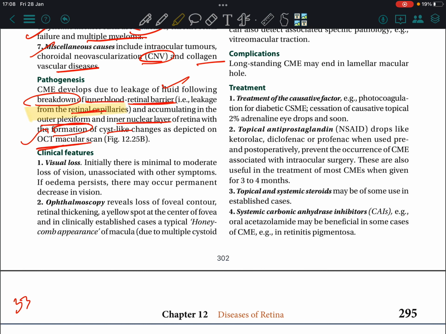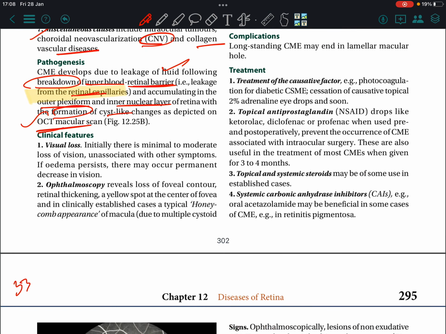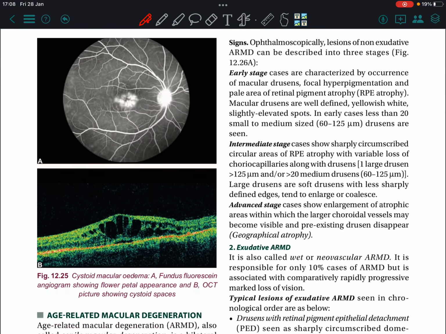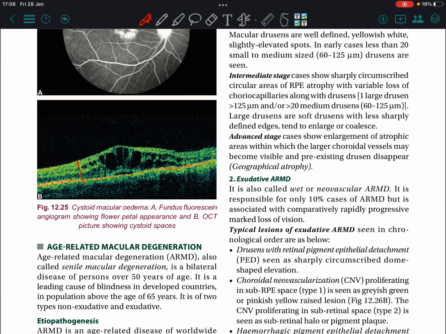Leakage from retinal capillaries accumulates in these layers, and formation of cysts is seen.